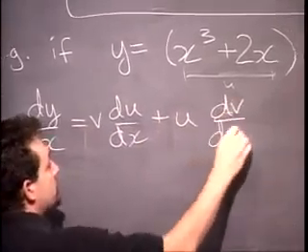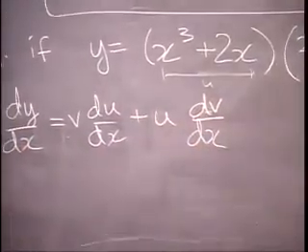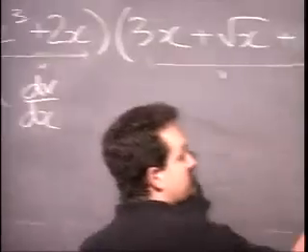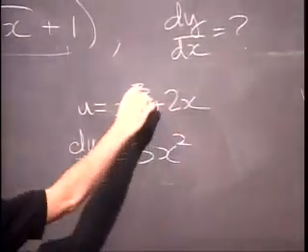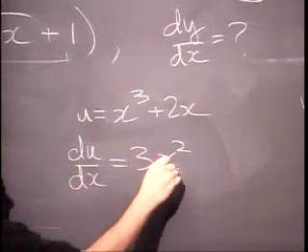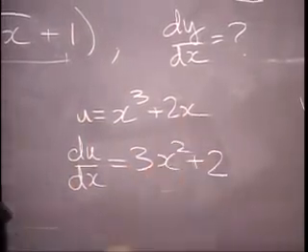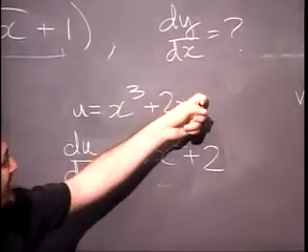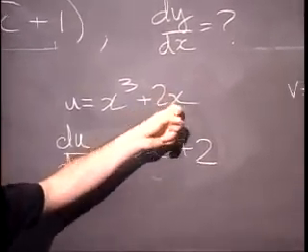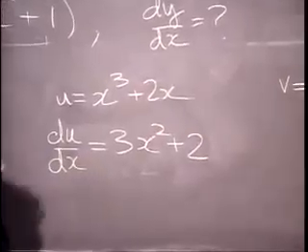Well, we know what u is, we know what v is, we're going to need the derivatives. So actually, back over in our working, let's differentiate. x cubed, the 3 drops out the front, you get 3x squared. 2x, the derivative is just 2. It's a line of slope 2, or you can think of it as 2x to the 1. And when you differentiate, you get 2x to the 0, which of course is just 2.